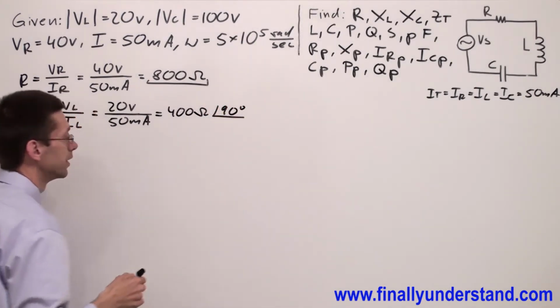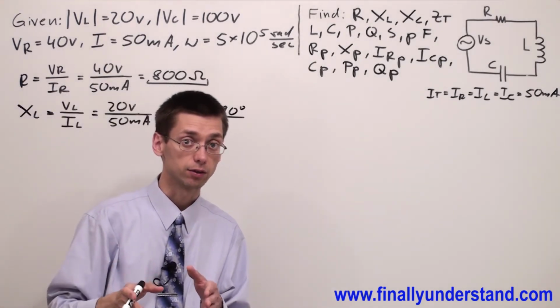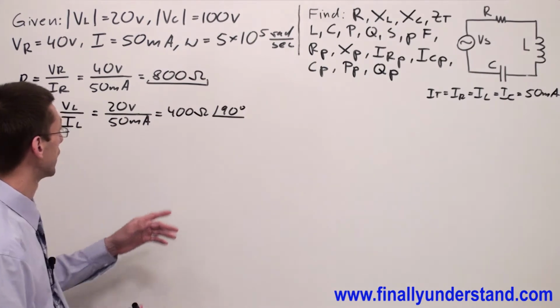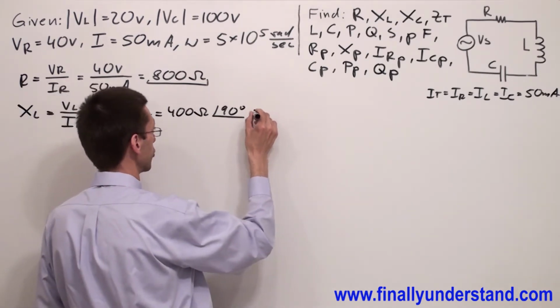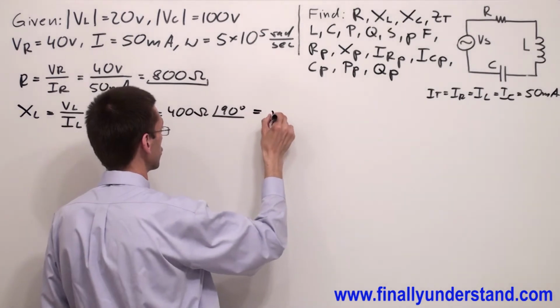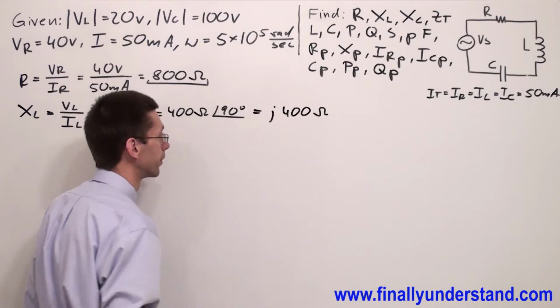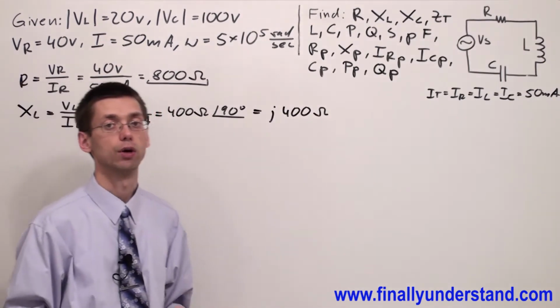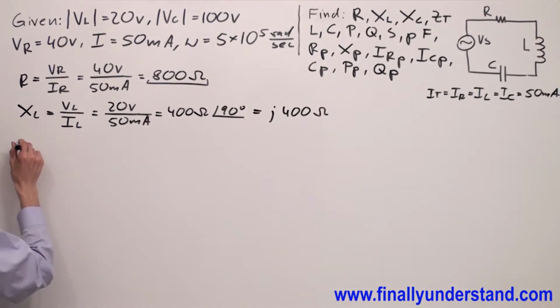Keep in mind that anytime you write the value of the inductive reactance, you're supposed to always write angle 90 degrees, or if you want to express this answer in rectangular form, you're supposed to write J 400 ohms. Either way is correct.